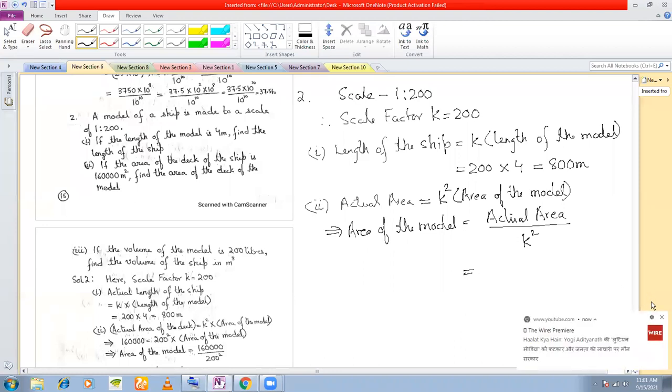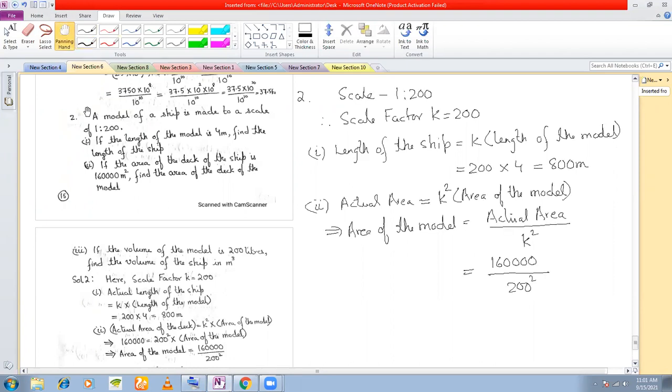Actual area, if you see, is given to you here as 1,60,000 meter square. K here is 200. So we can calculate this.